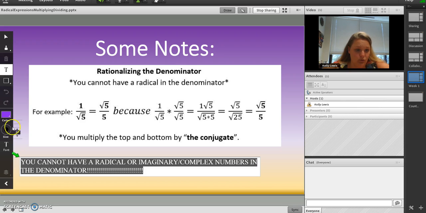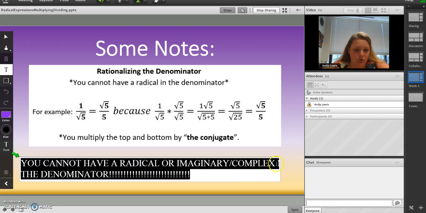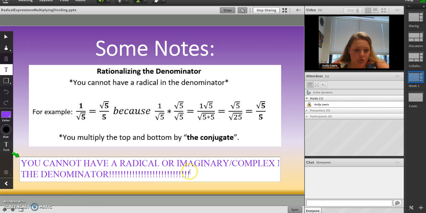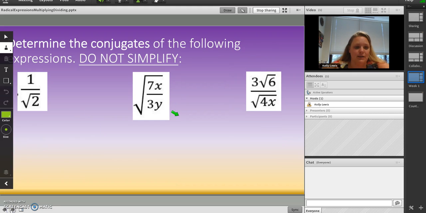It's a gigantic rule. You cannot have a radical or an imaginary or complex number in the denominator. So like right here, square root of 5, you can't have it. So you have to rationalize the denominator so that there's no square root. And you would do the same thing if there was an i. So we'd go through the same process.